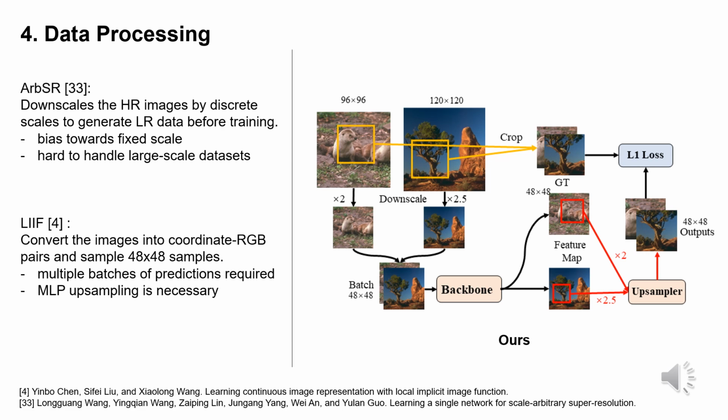In this way, we avoid the inconvenience caused by inputs of different scales. Compared to the method of constructing coordinate-RGB pairs used in LIIF, our approach allows for the complete prediction of the image at once, eliminating the limitations of the implicit field on MLP networks. This greatly enhances the flexibility of the model architecture.